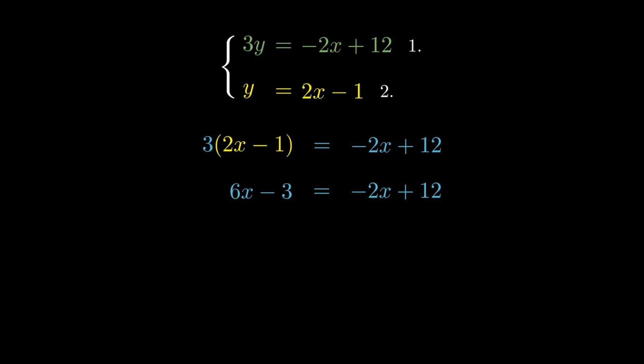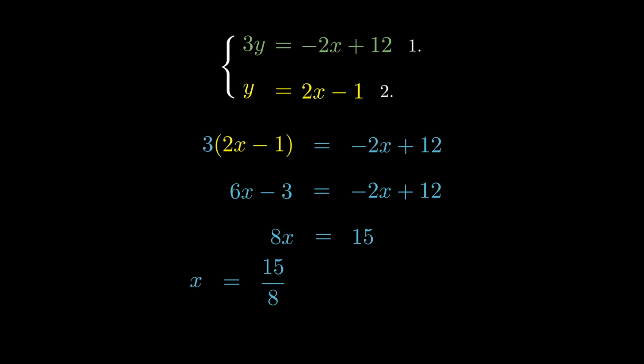Now here is the easy part. We're just rearranging formulae and collecting like terms. If we add 2x on both sides, we get 8x, and then we add 3 to the right side, we get 15. So we get 8x equals 15. Now to solve for x, we divide by 8 on both sides, so x is equal to 15 over 8. But we're not done just yet. Now we have to calculate what y is.